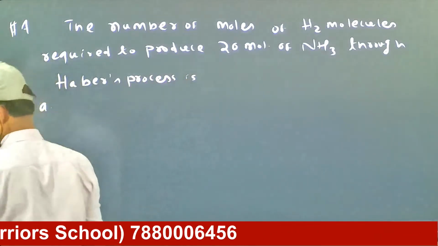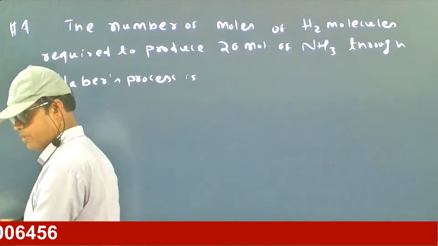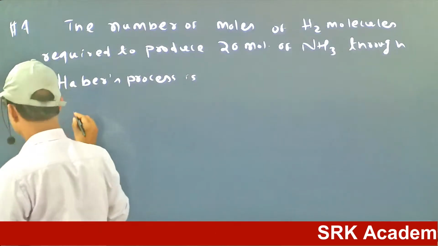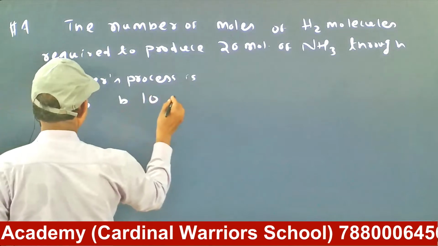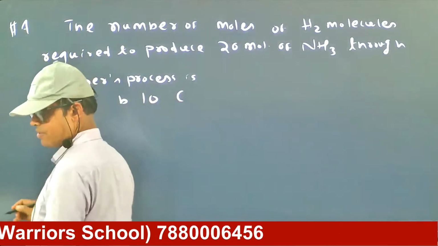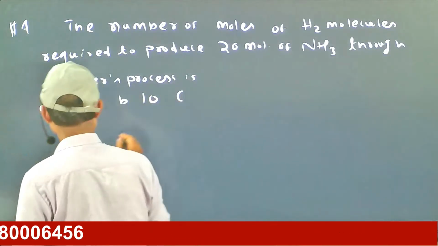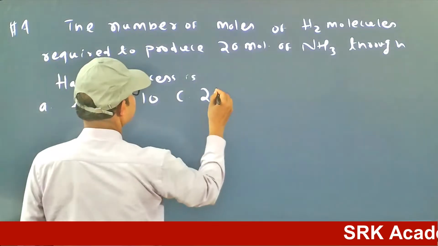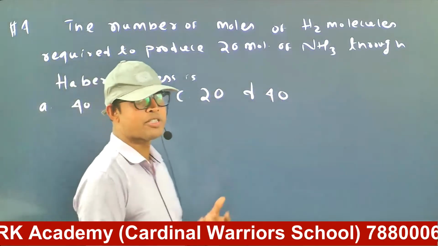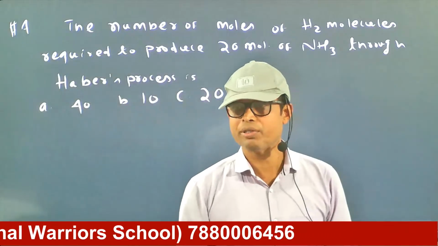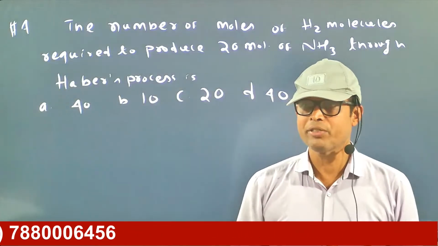Option A, what is given? Option A 40, option B 10, option C 20, option D 40. So for Haber's process, you have to write the balanced chemical equation for the preparation of ammonia.